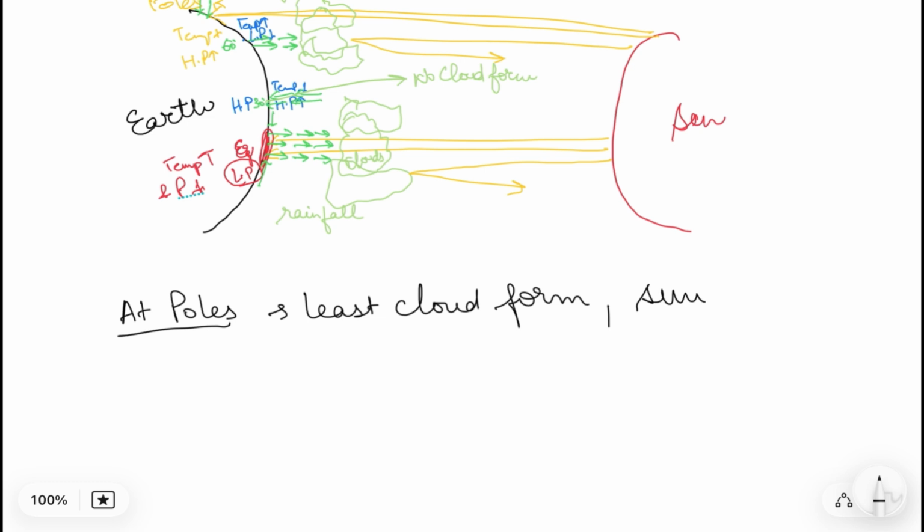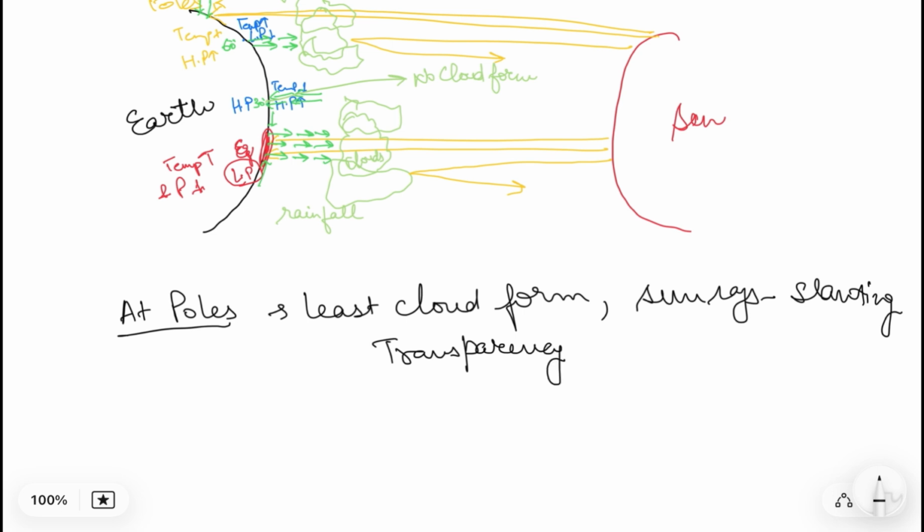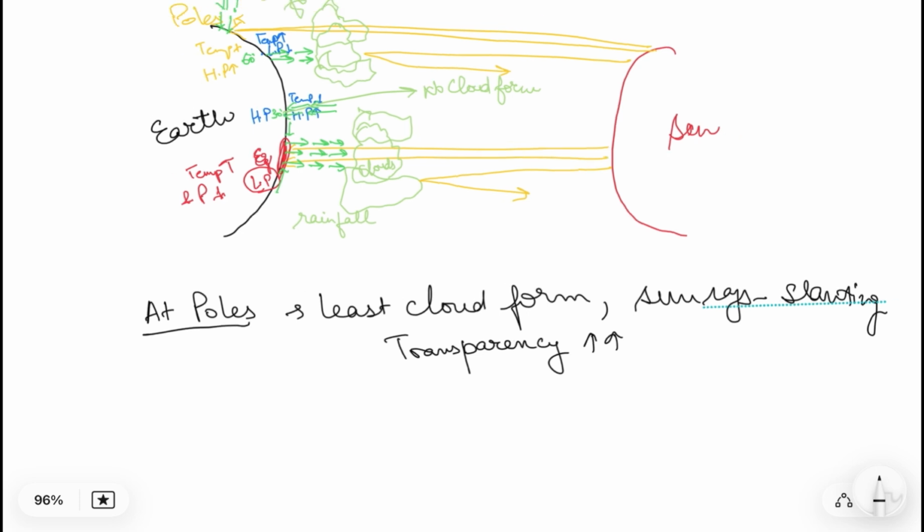Sun rays will be slanting. So transparency will be high, since the formation of the clouds is less.